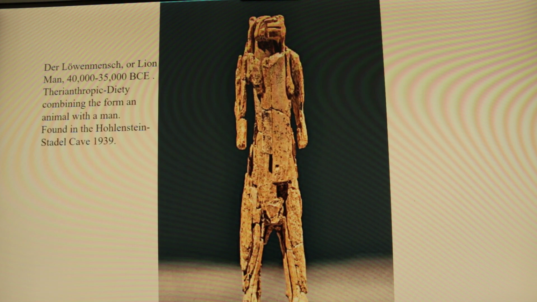And he is a really spectacular find, because this discovery in 1939, if you know anything about history, was interrupted by World War II. And then finally, 30 years later, it was recognized that the ivory pieces that were found, because it was found in pieces, were part of a figurine.